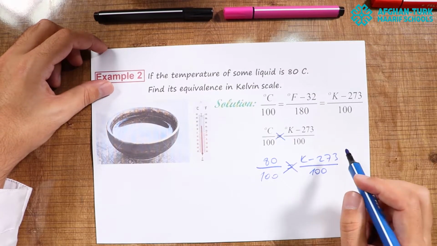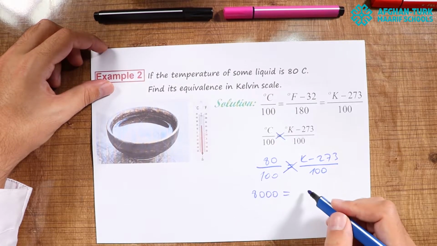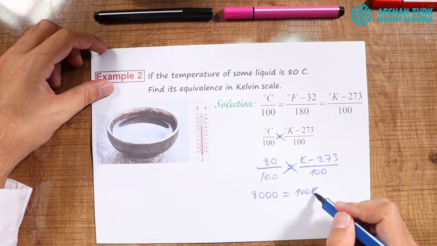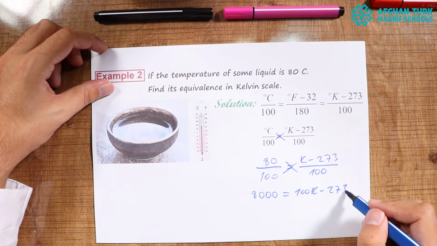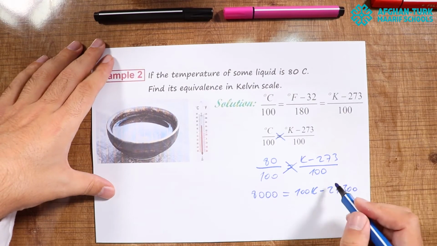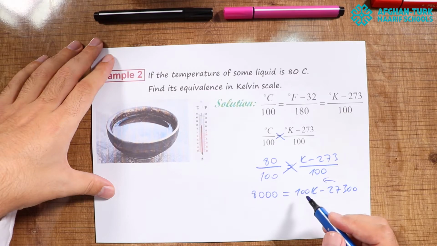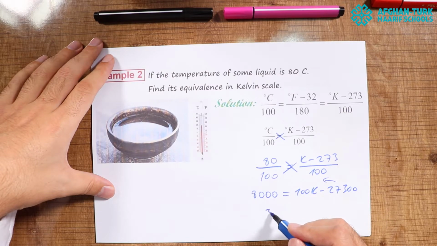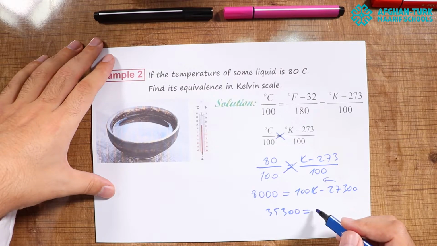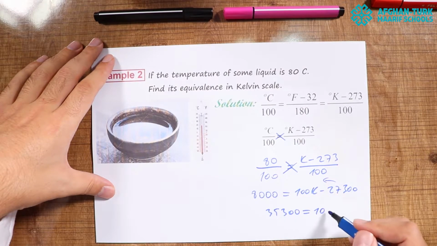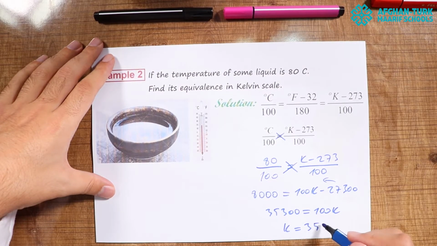Cross multiply, I will have 8,000 equal to 100K minus 27,300. If I send this to the other side, I will have 35,300 equal to 100K. And from here I can find K as 353.